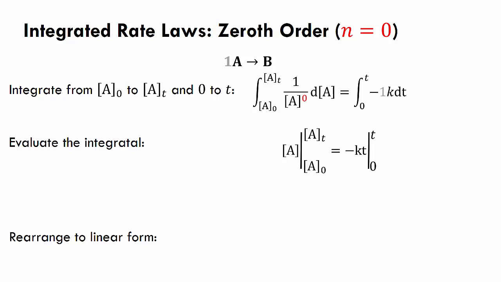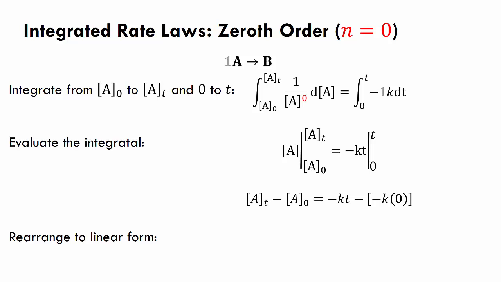We can evaluate each of those sides on the left from the concentration of A at time 0 up to the concentration of A at time t, which gives us the concentration of A at time t minus the concentration of A at time 0. And on the right side, we evaluate from 0 to t, which gives us -kt minus -k times 0.